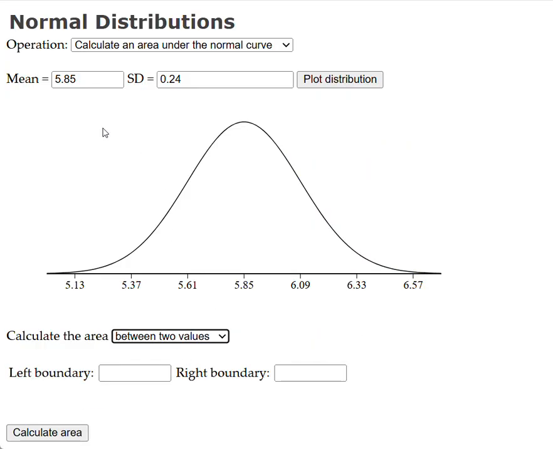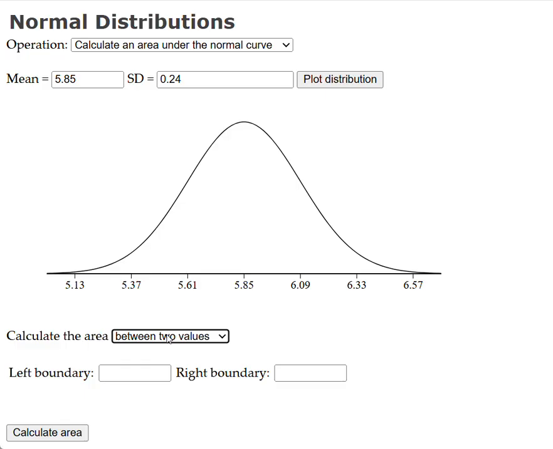And I just want to say Stapplet is nice. They will keep the information, so they'll keep the mean and the standard deviation for you, so you only have to change these values. But do be careful. If you start another problem, don't go immediately here. You're going to need to go back and make sure the mean and the standard deviation match your new problem.